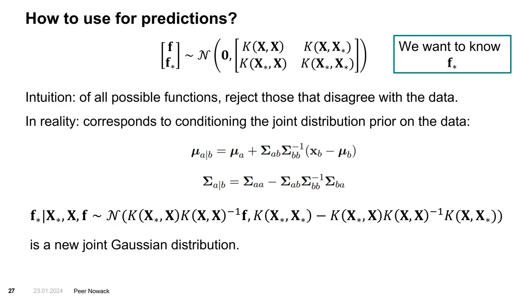Because we assumed the average to be 0 to begin with, you lose the mu terms here, because otherwise this would get somewhat more cluttered. But basically you calculate your Gaussian process predictions f star conditional on your training data, your test data x star, your training data x, and your prior f Gaussian process.